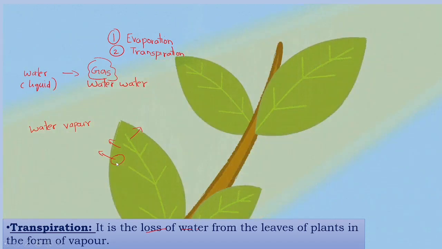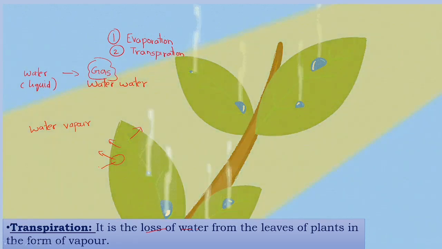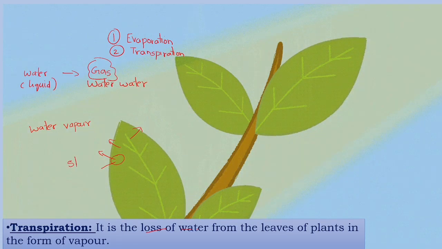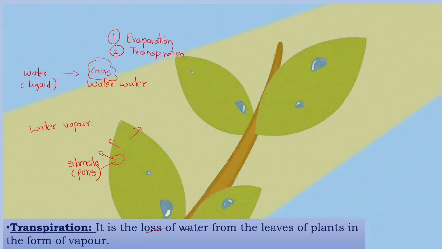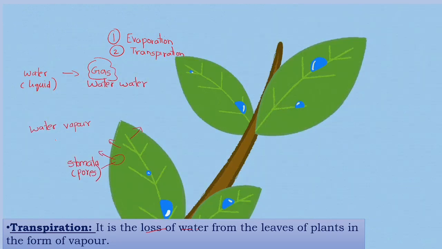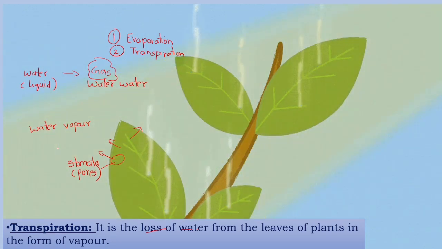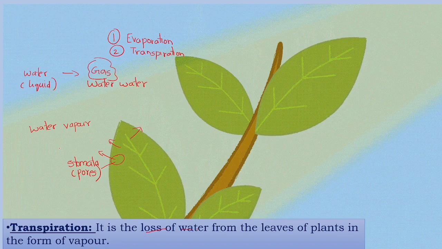These tiny holes are called stomata. Stomata are nothing but tiny pores. These tiny pores help in exchange of gases. So the water is lost into the atmosphere in form of water vapor by the leaf, and the process of transpiration helps in indirectly converting water into a gaseous form.